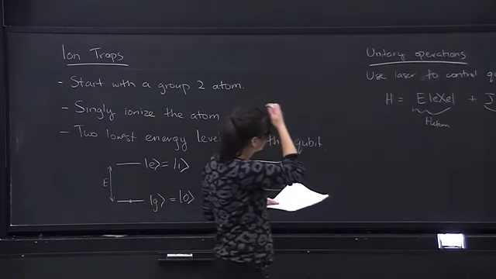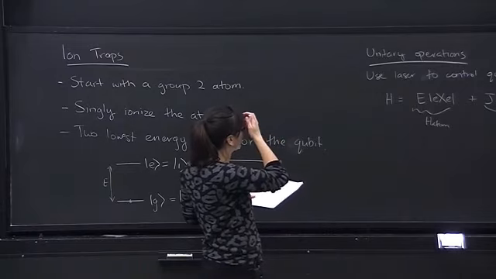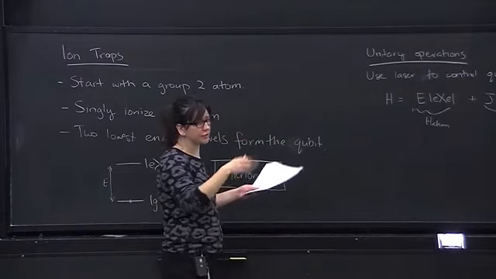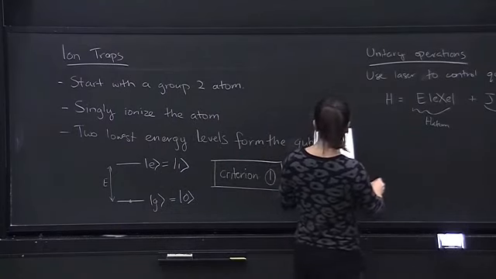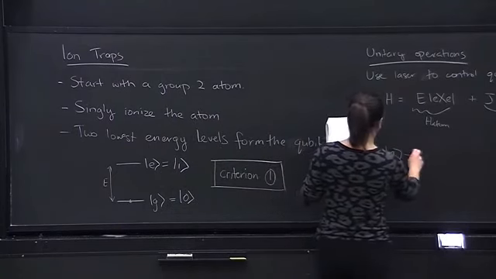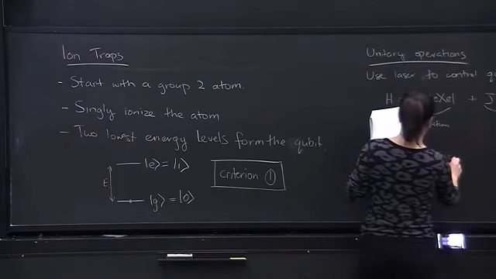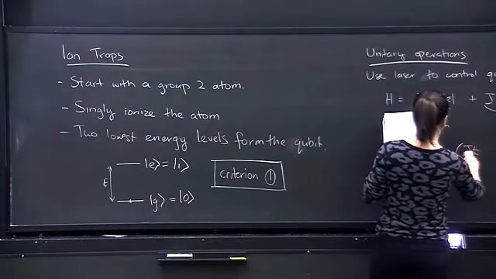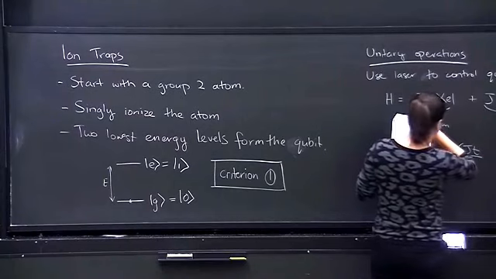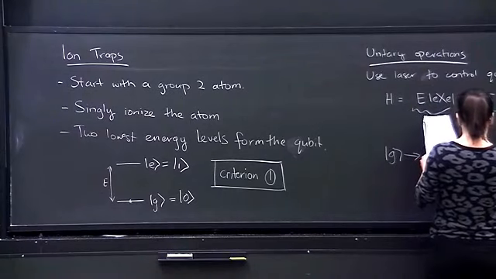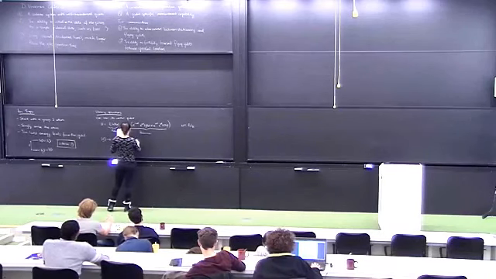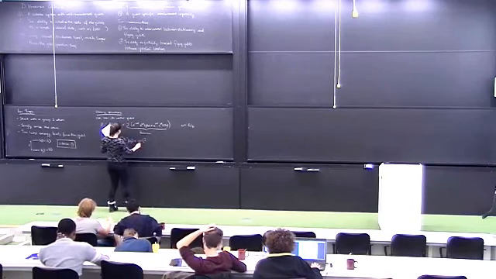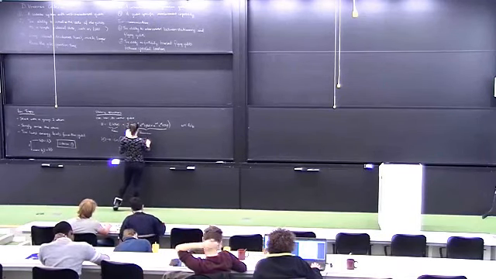Okay, so if we start with a qubit in the ground state, we can plug this Hamiltonian into the Schrodinger equation and solve it and see how the state evolves. We find that the ground state is going to go to cosine Jt over h bar on the ground state.